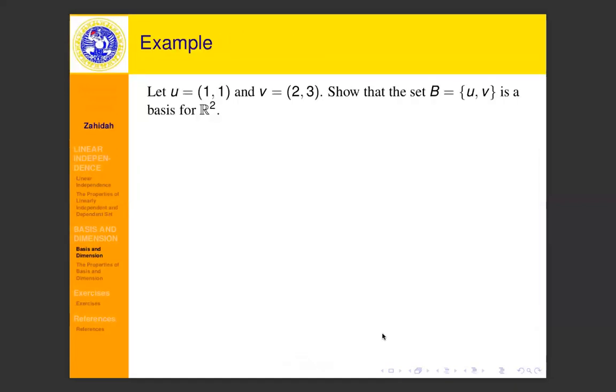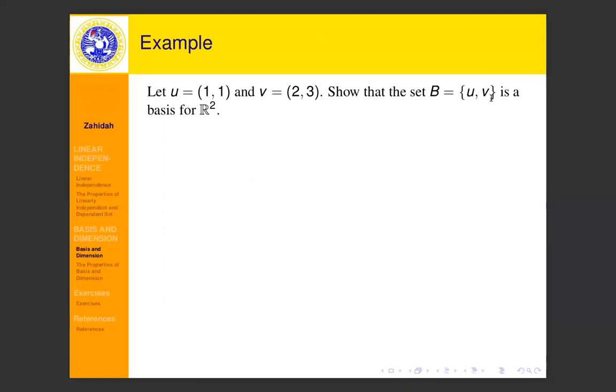Okay, for example, we have the vector space R2 here, the plane. And then we take u and v here, u is (1, 1), and v is (2, 3). We want to show that the set B, u and v here, is a basis for R2.